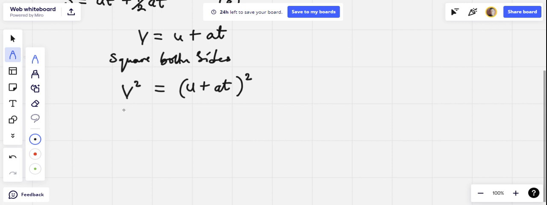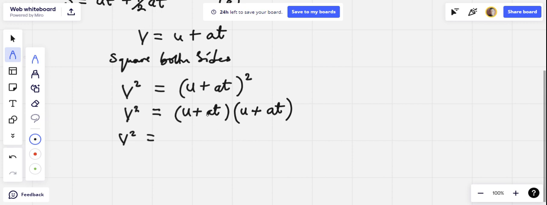Okay. So we now have V squared equals this. What this square means is U plus AT times another U plus AT. So V squared equals, we now expand this bracket.